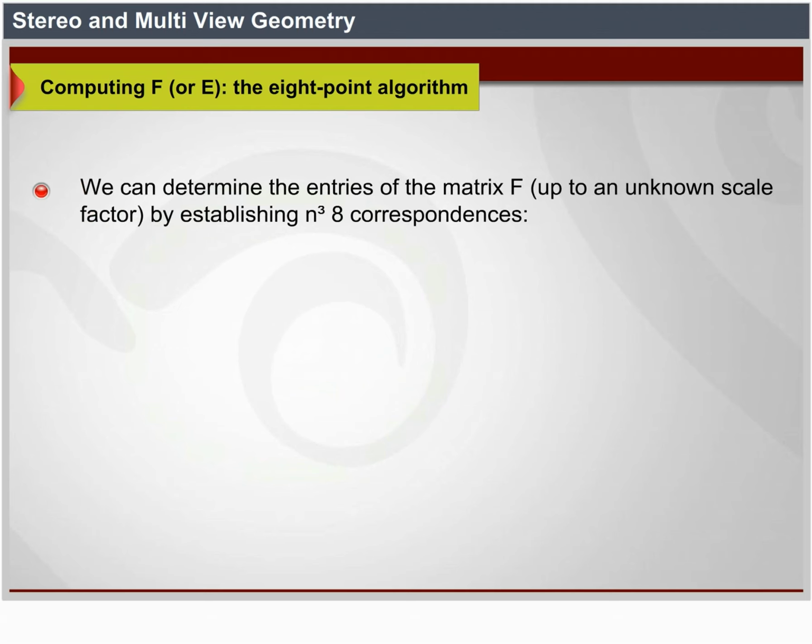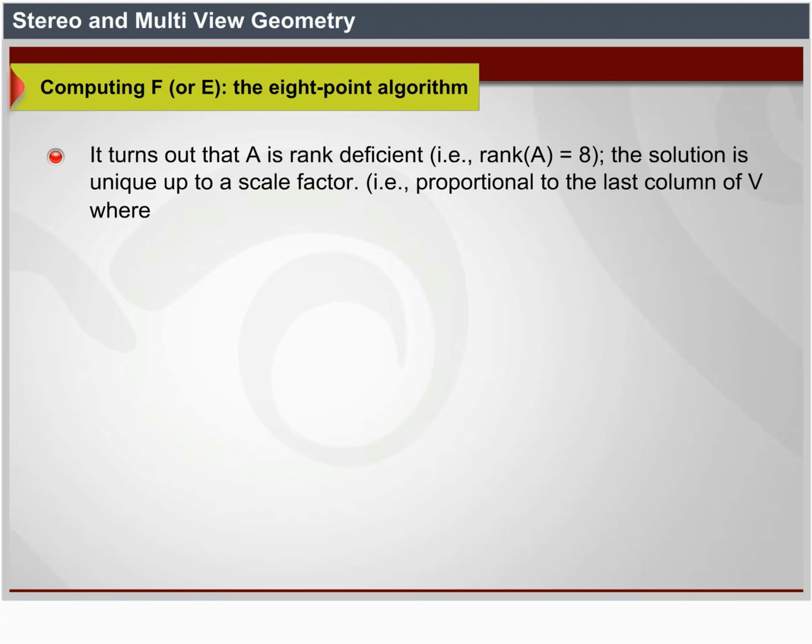AX equals 0. It turns out that A is rank deficient, that is, rank A equals 8. The solution is unique up to a scale factor, proportional to the last column of V, where A equals U D V transpose.